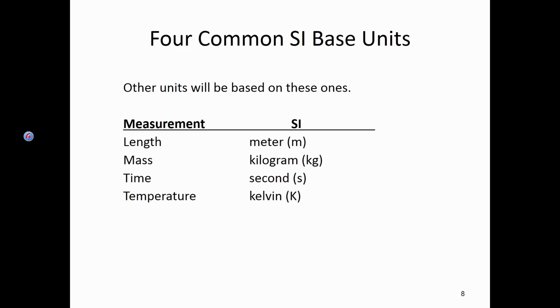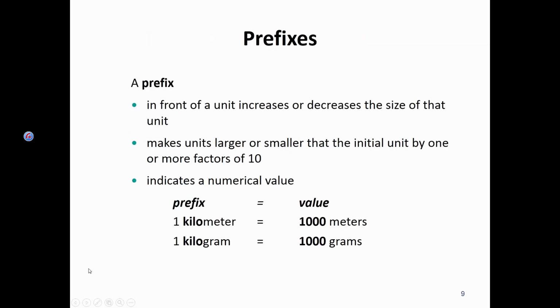So you want to be able to, if you see a measurement, see the units, and it could be the word or it could be the abbreviated letter or 2 letters, know what that is measuring. Part of the reason why we like the SI system is we can use prefixes to modify a measurement to a much larger or a much smaller number.